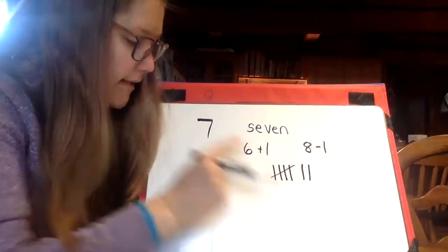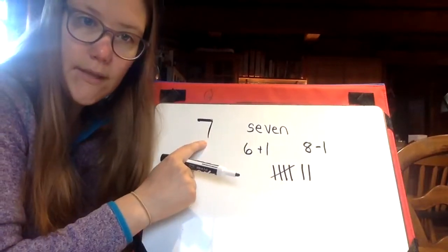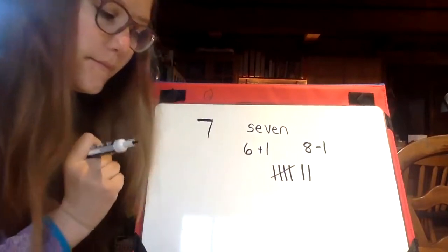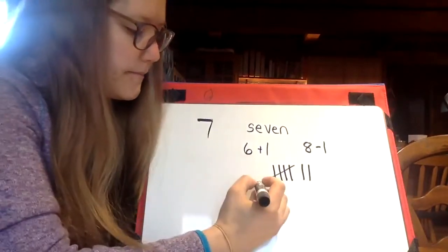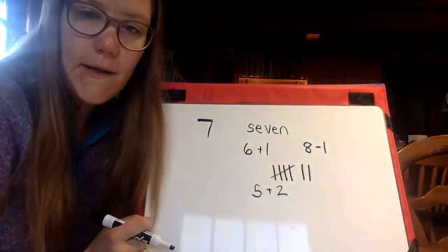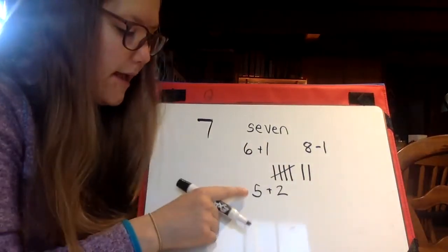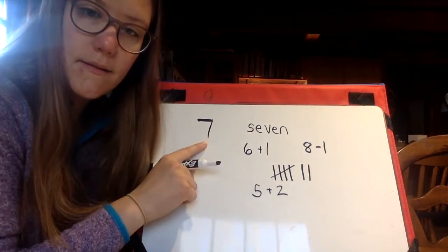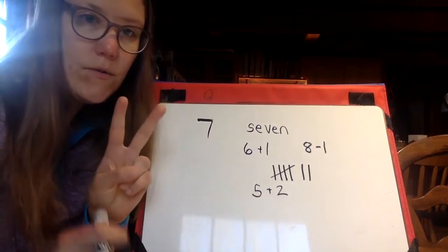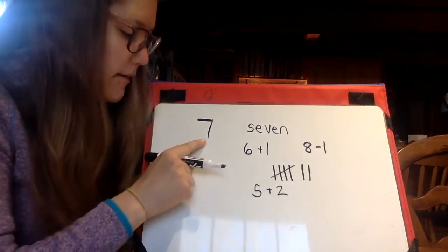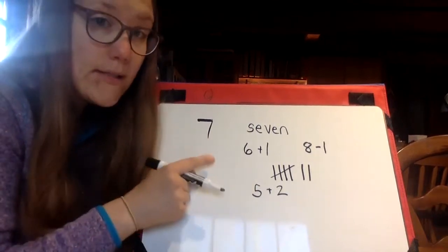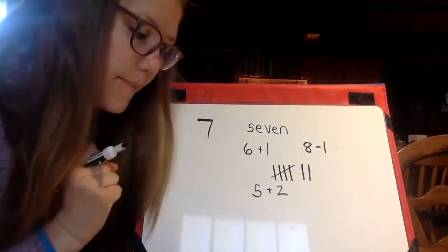This is 7 tallies, and this is the number 7. They represent the same number. Let's keep going. Does that mean the same thing as this? 5 plus 2. Well, if I have 5 and I add 2, 5, 6, 7. It's the same thing as 7, right? It means the same thing. It looks different, but it means the same thing.